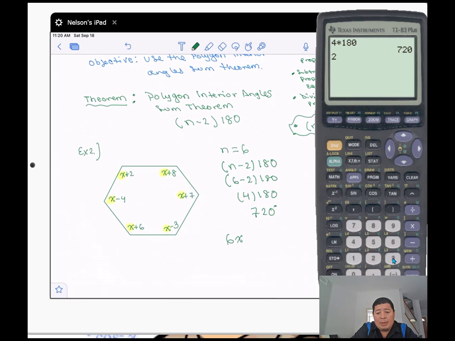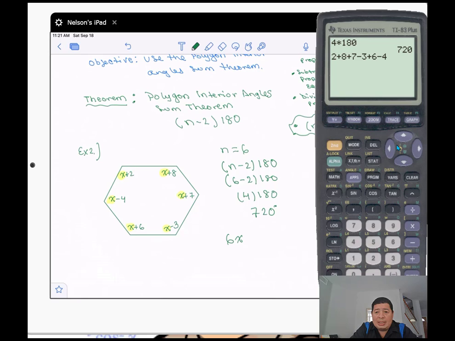What I'm going to do next is add all of my numbers. So I'm going to show you by plugging them into my calculator. I'm going to start with positive 2, then add 8 to it, then add 7 to it, then subtract 3, then add 6, then subtract 4 from it. I added 2 plus signs, so I'm going to delete 1.